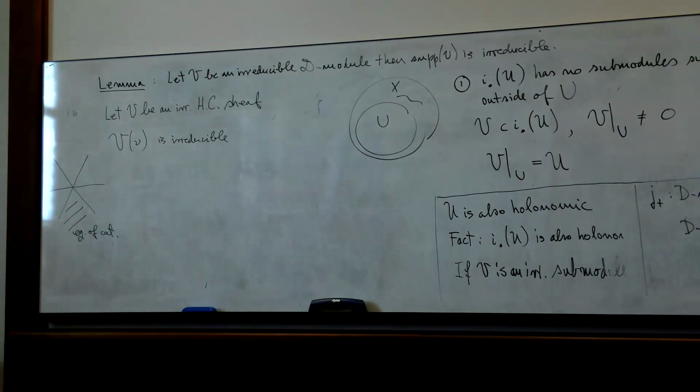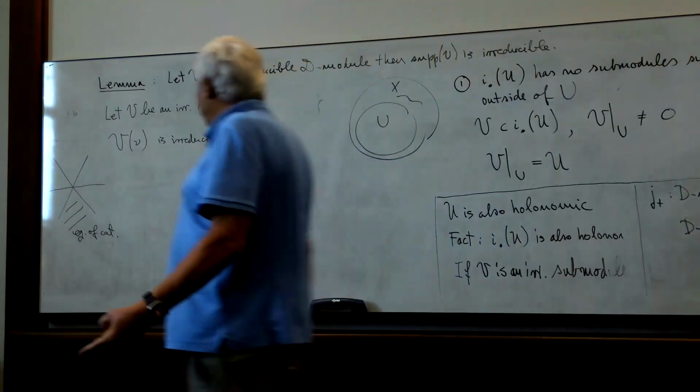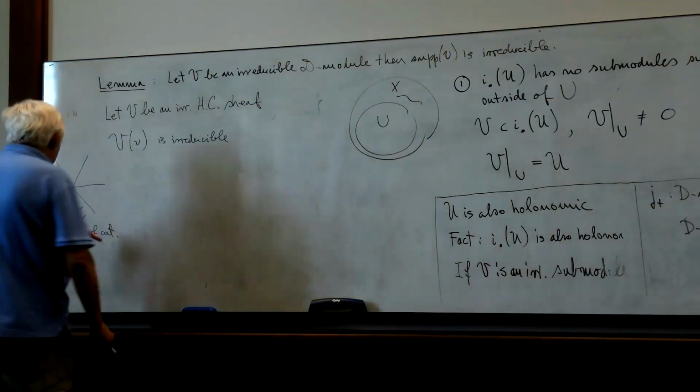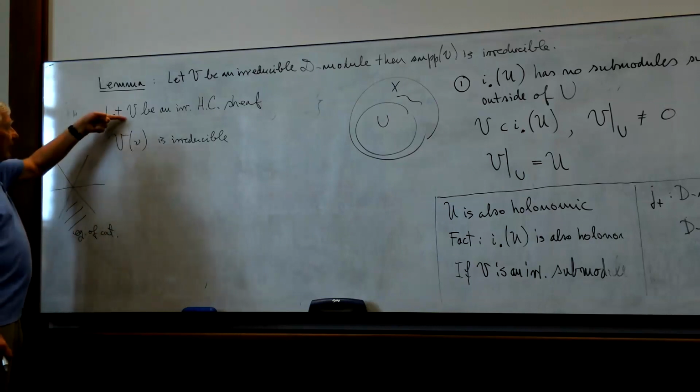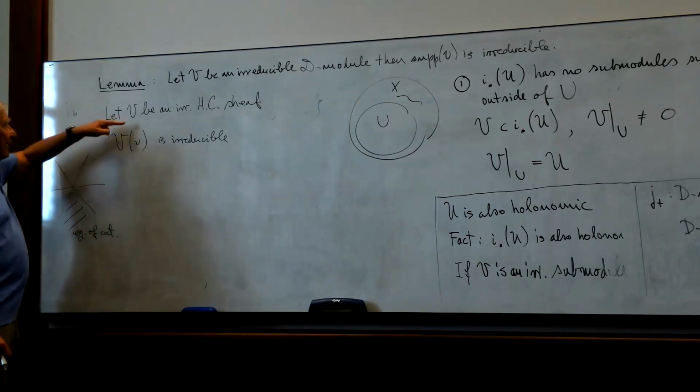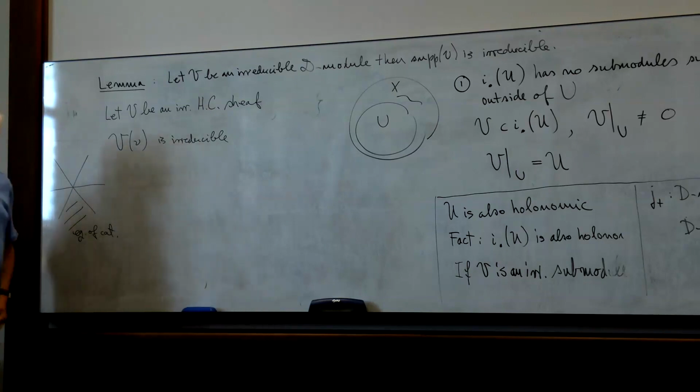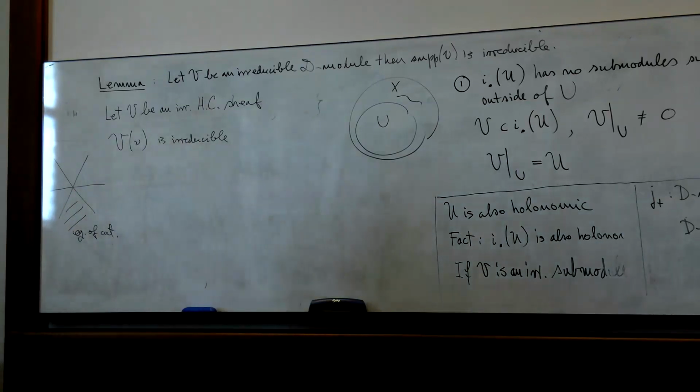And then by localizing, this means irreducible as a D-module, and then you twist back and you say that this is an irreducible D-module.